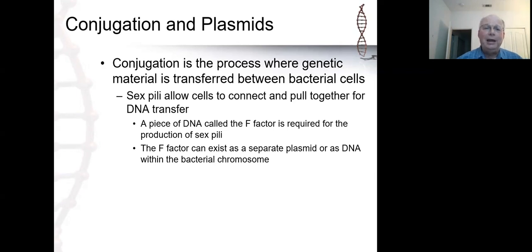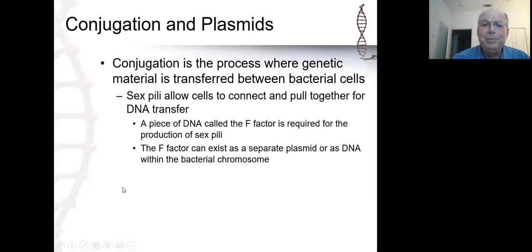And you can use that as a way of transferring genes from one bacterium to another by taking advantage of the formation of the sex pilus and the transfer of the F plasmid via the F pilus, along with the genes that you've inserted into the plasmid. Of course, doing transformation in the laboratory is a much neater way of doing it and probably a much simpler way of doing it, but the possibility exists of being able to do that. If the F factor occurs in the bacterial genome, then you're going to get genomic transfer.